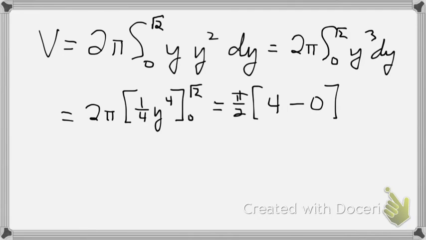And 0 is 0. So what do we wind up with? Two pi cubic units.